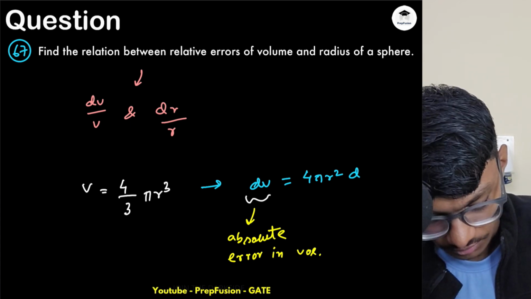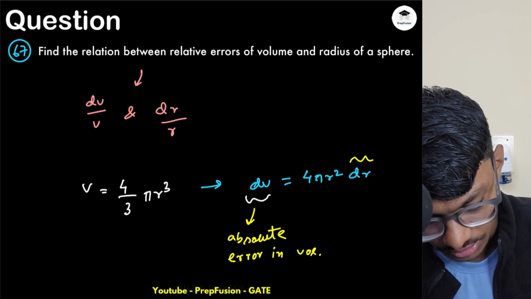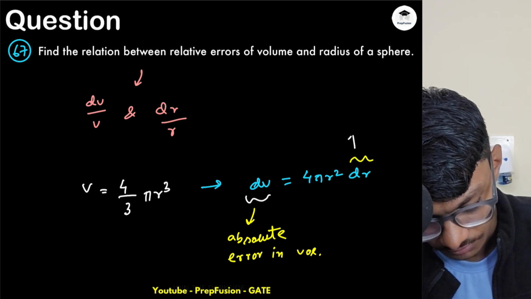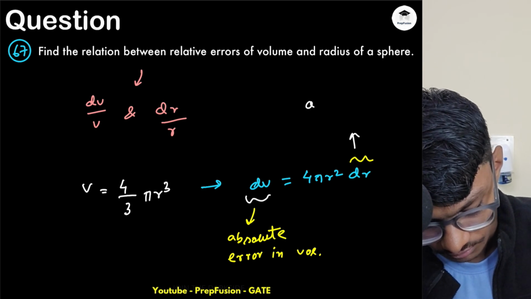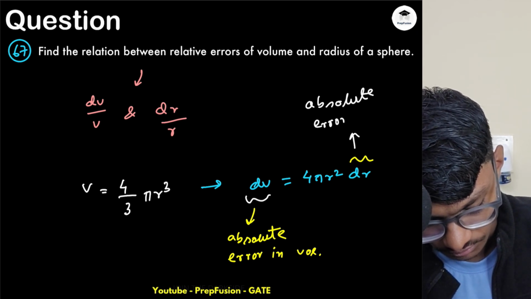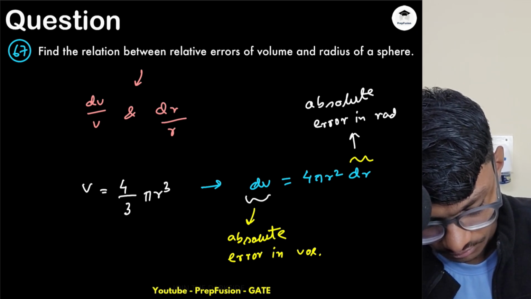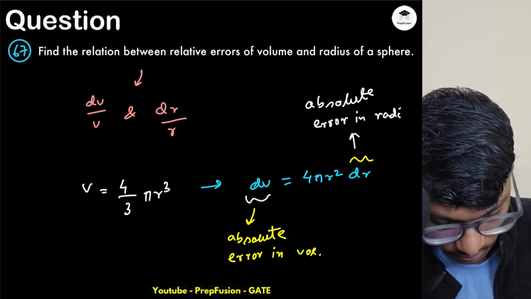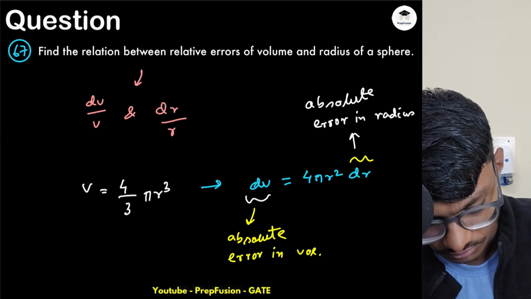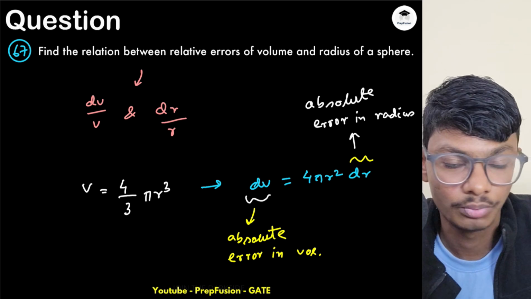This delta r is also the absolute error in radius. But what have they asked us to find?